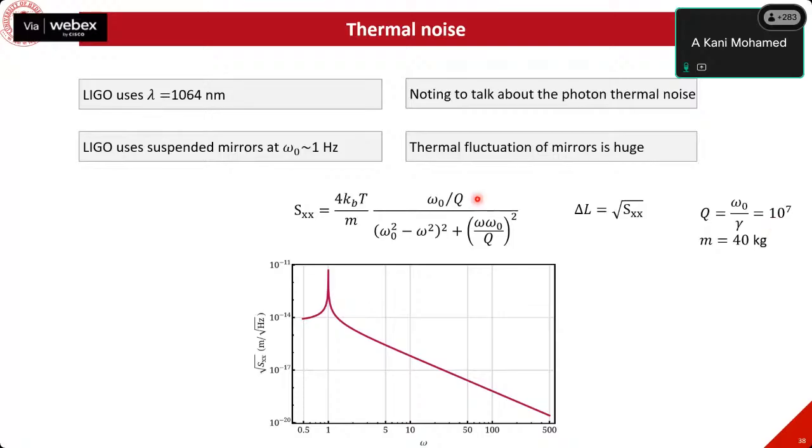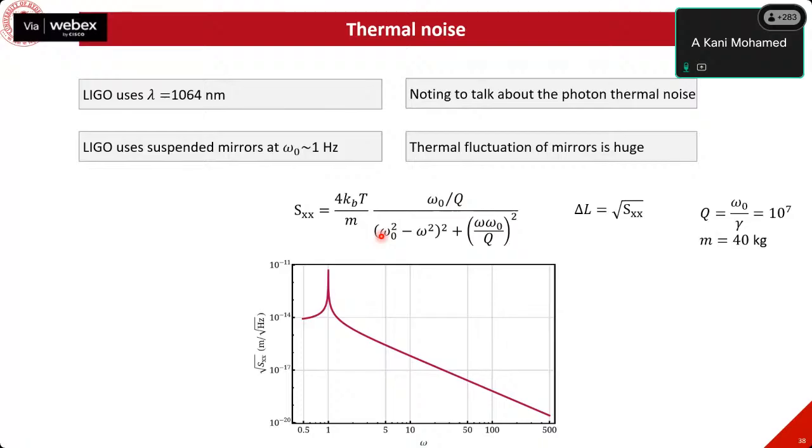In order to understand the noise, we have to estimate the noise spectral density, the fluctuation density of the displacement. This is just for a mechanical oscillator at a temperature T. This is the power spectral density of the displacement, and the displacement sensitivity that can be estimated is nothing but the square root of Sxx. Omega naught is the frequency of the mirror, and Q is the quality factor.